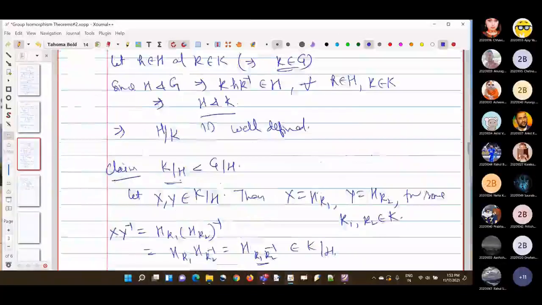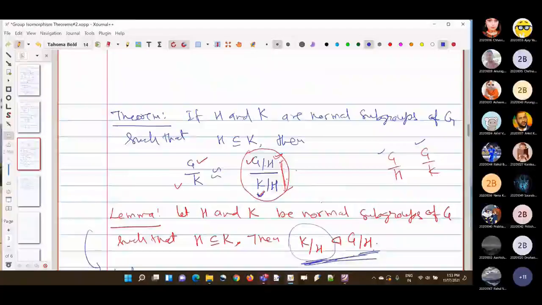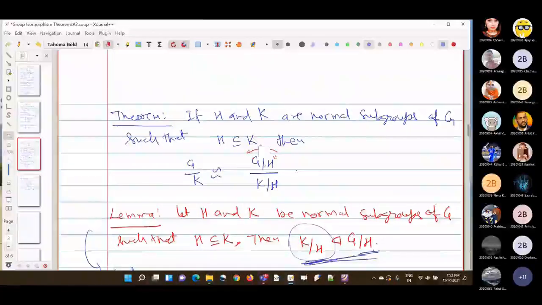Okay. So now you can try to prove this result with the help of this, because now you know that each quotient group involved here is well defined.